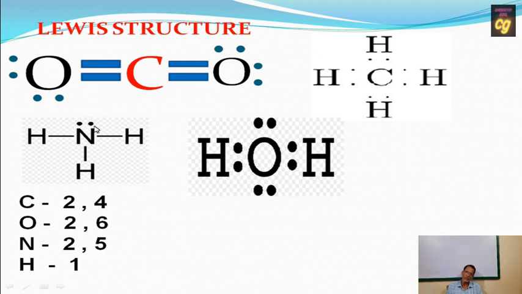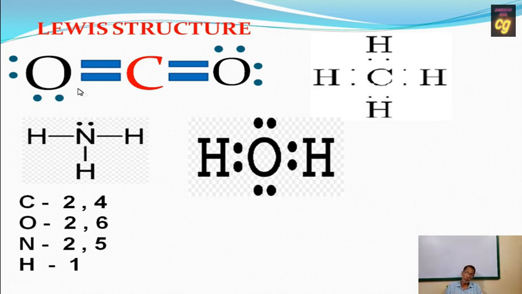So 3 hydrogen atoms combine with nitrogen, each hydrogen contributing 1 electron, sharing electrons with 3 electrons of nitrogen, forming 3 bonds.